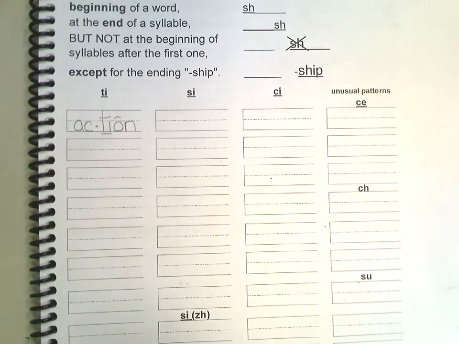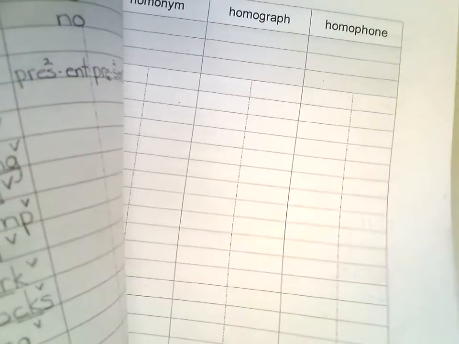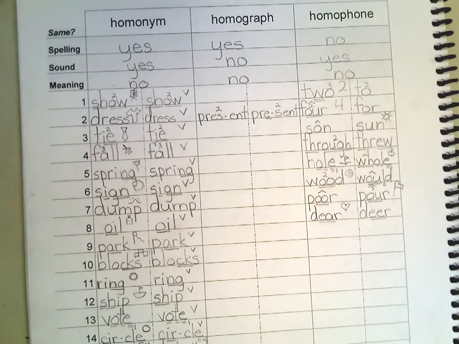Let's go to our HHH words page, which is 14. Yesterday we learned the word heard, which is the past tense of hear. I heard my favorite song on the radio yesterday. Heard.